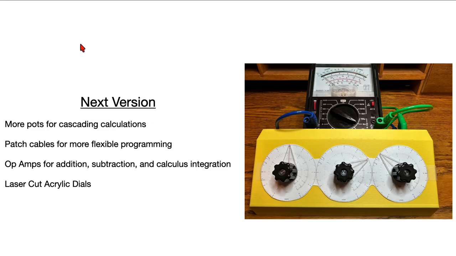So here's what the analog computer looks like now, and it's great, but I want to add some more capabilities to it. So the first thing I'm going to do is add more potentiometers to do cascading calculations. So let's say you've got a formula that involves a number of multiplication steps.